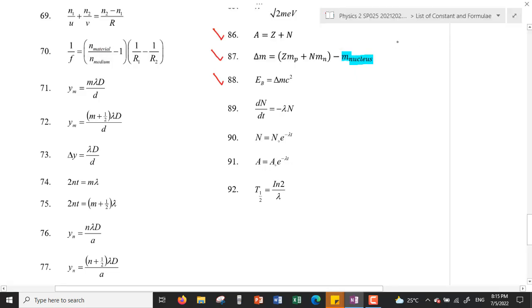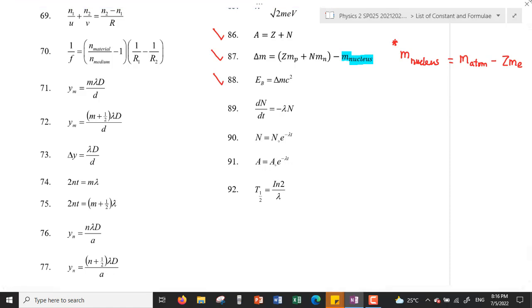Tapi kalau kita refer soalan ni, soalan bagi kita mass atom. So kalau atom dia termasuk elektron. So kita perlu dapatkan mass nucleus sendiri, di mana mass nucleus adalah mass atom minus total mass of the electron yang ada dalam atom tersebut.